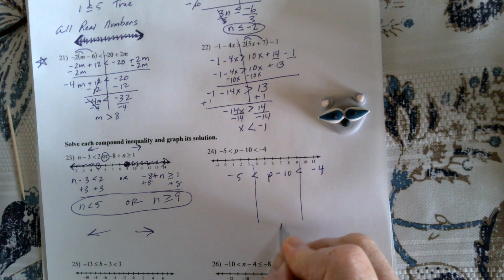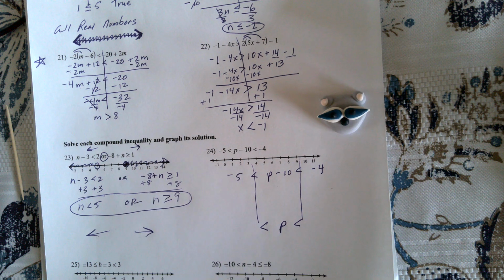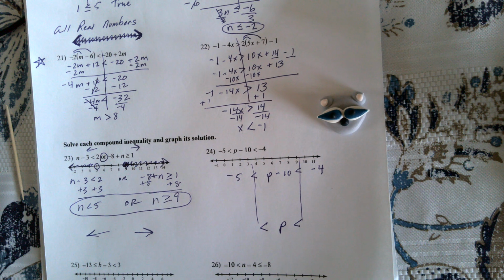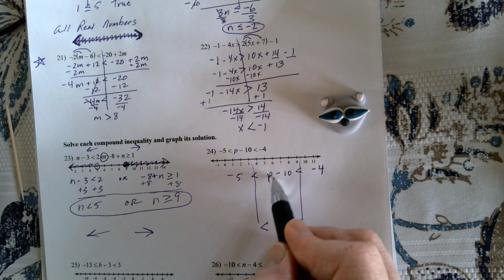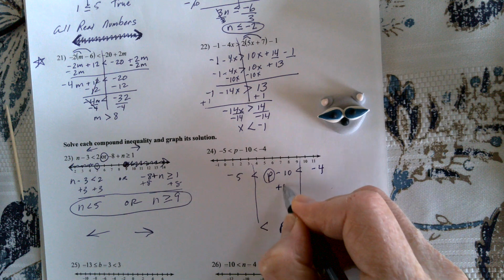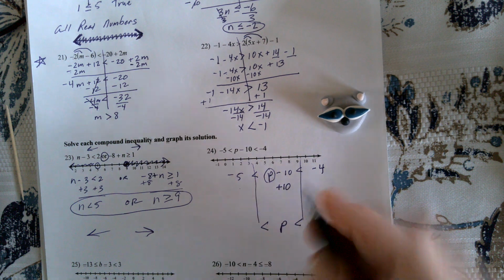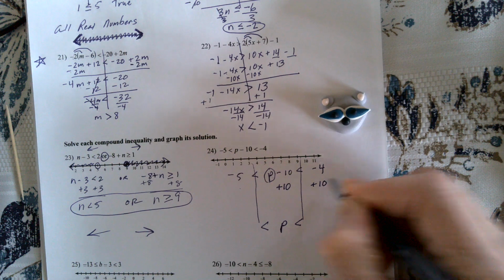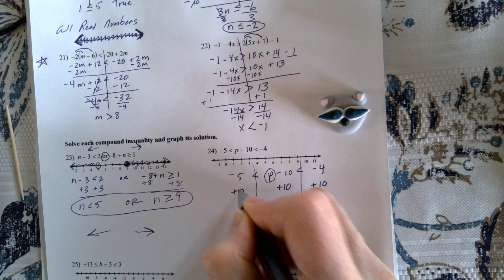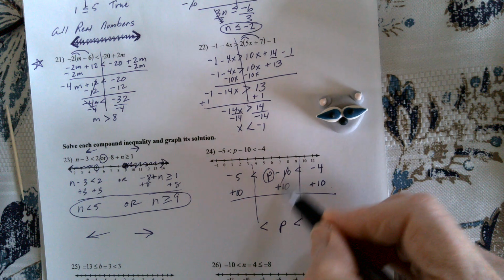My goal is to have P in the center, alone, isolated. So that means I have to get rid of this negative, subtract 10. To get rid of subtract 10, we add 10, so I'm doing opposite operations, and I have to do it to all three, left, the right, and the center. When I do that, this is gone.